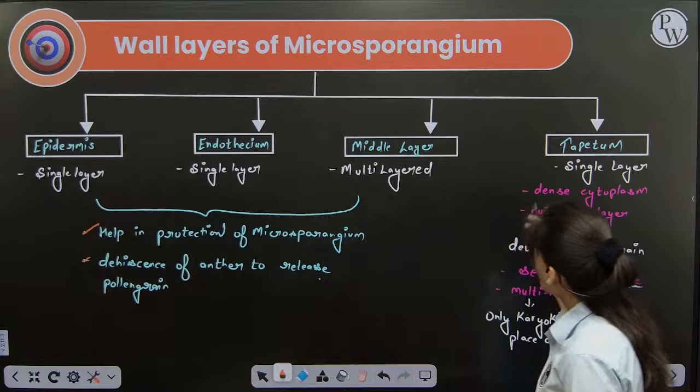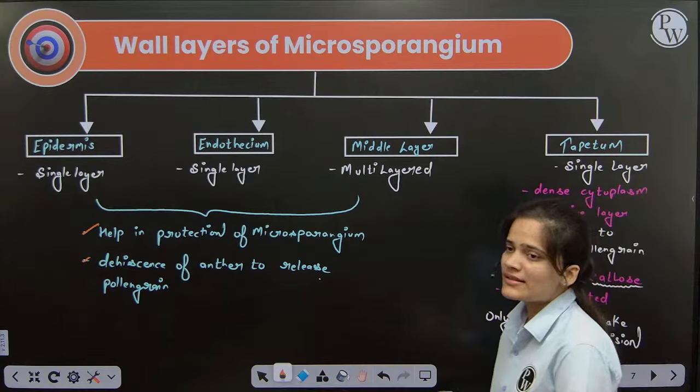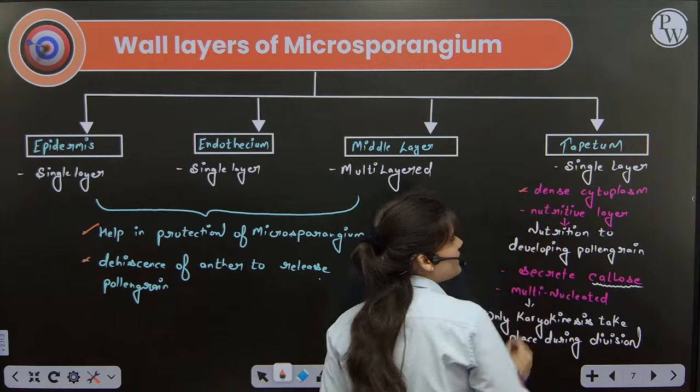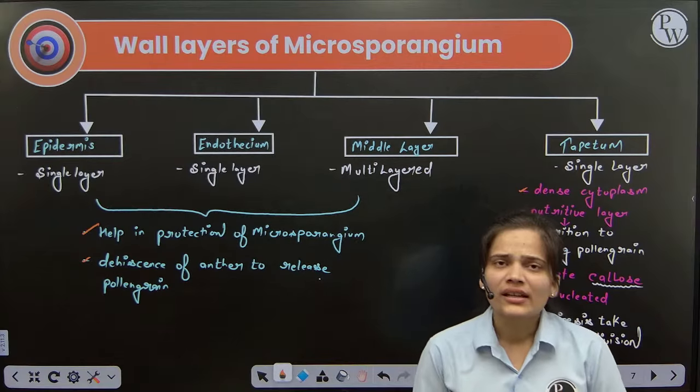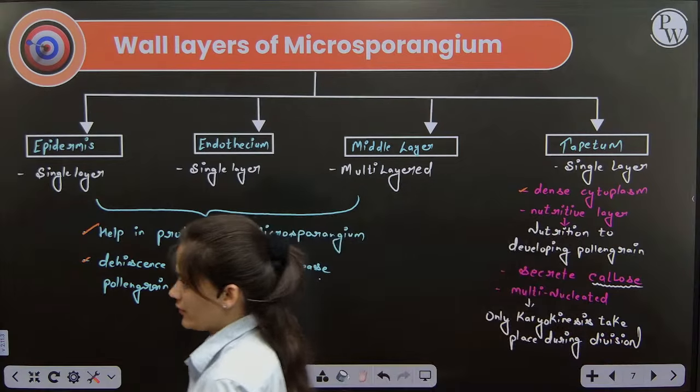What about last layer, that is tapetum? Tapetum is single layered. This tapetum has dense cytoplasm. This layer is nutritive layer. It contains lots of nutrition.